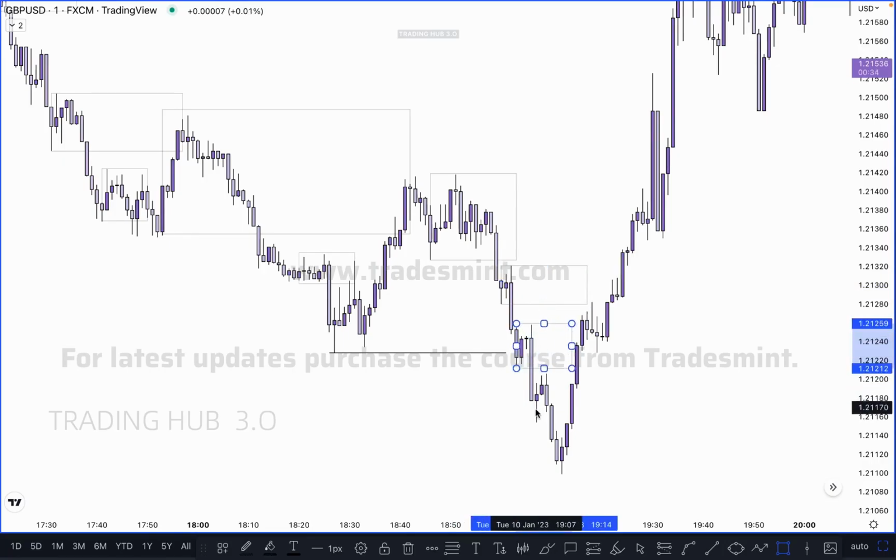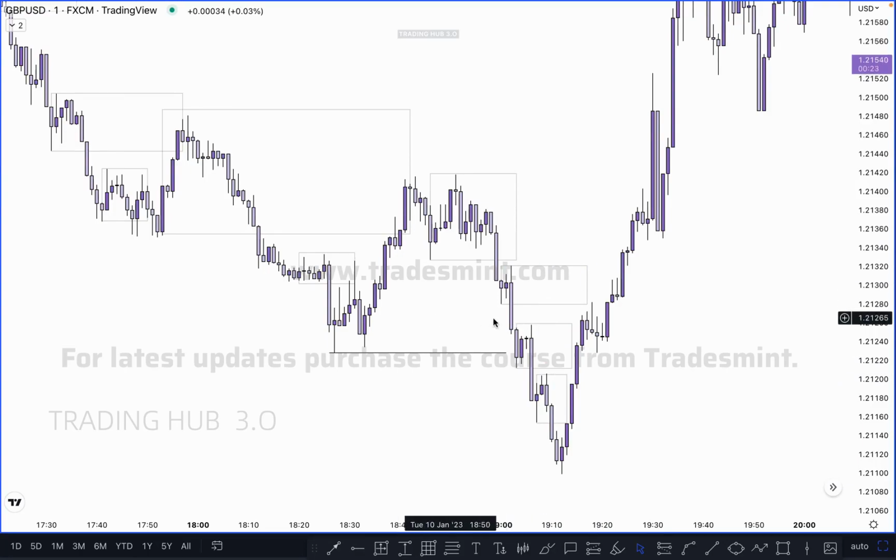In this leg, you can see 1, 2, 3 and 4 order flows which are unmitigated. There is no mitigated order flow. So the market must take out at least the first order flow, and then push downside. But at this point, what happened here? The market turned from bearish to bullish and then shifted to the bullish side.